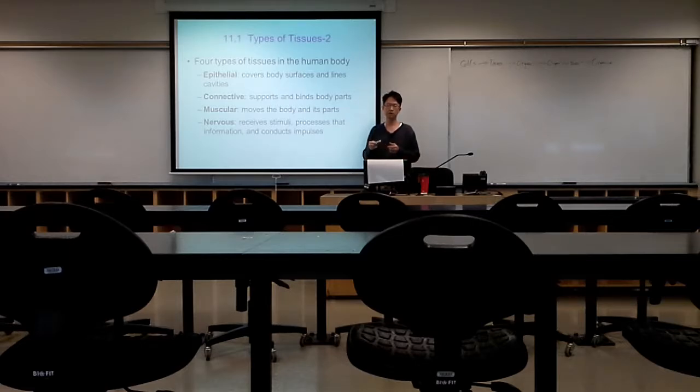We have cardiac muscle, which is your heart muscle, and then we have smooth muscle. Smooth muscle forms, let's say, your blood vessels, and also your GI tract, gastrointestinal tract. That means your gut. And last but not least, your nervous tissues. They form your nervous system, the brain, spinal cord, and all the nerve endings.